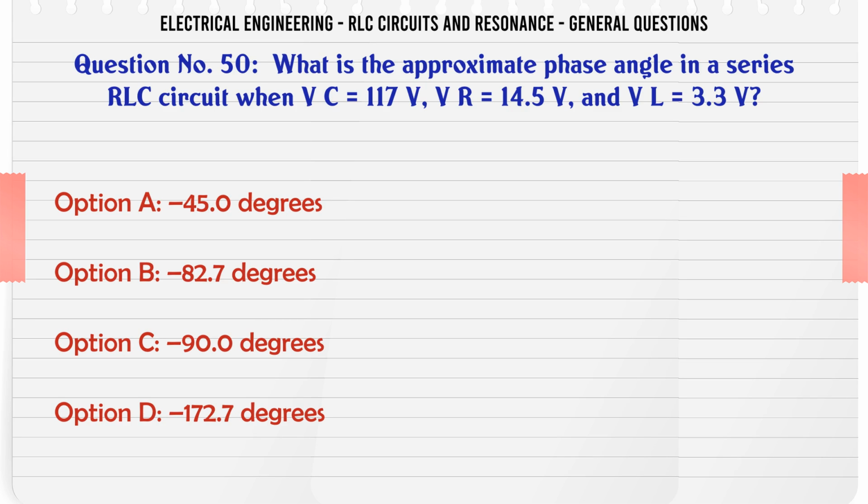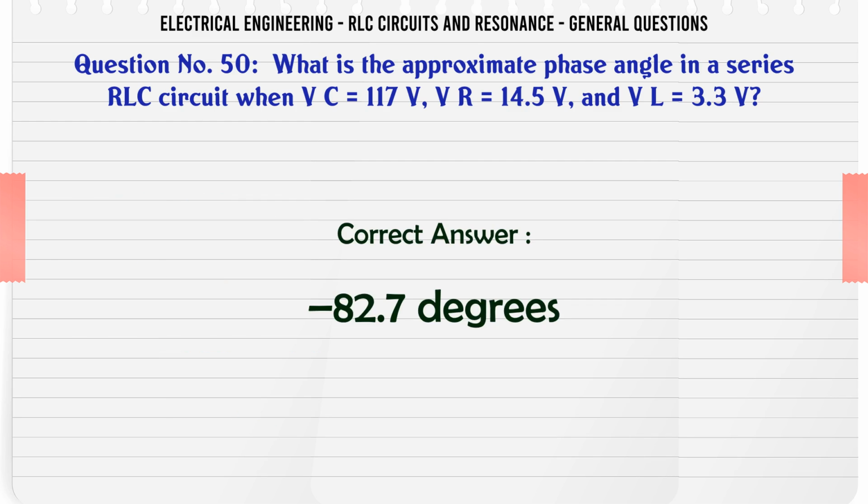A. 45.0 degrees. B. 82.7 degrees. C. 90.0 degrees. D. 172.7 degrees. The correct answer is 82.7 degrees.